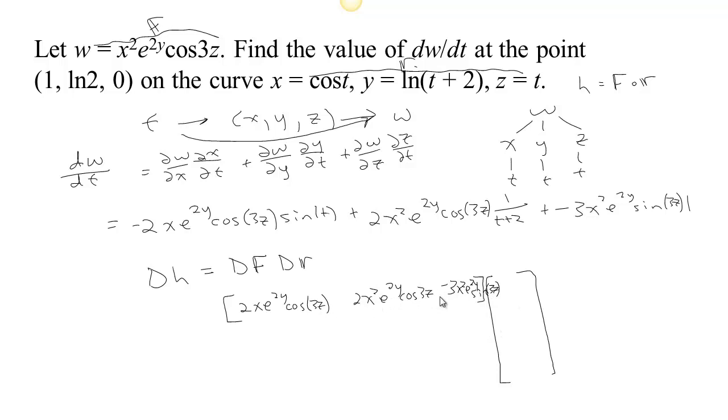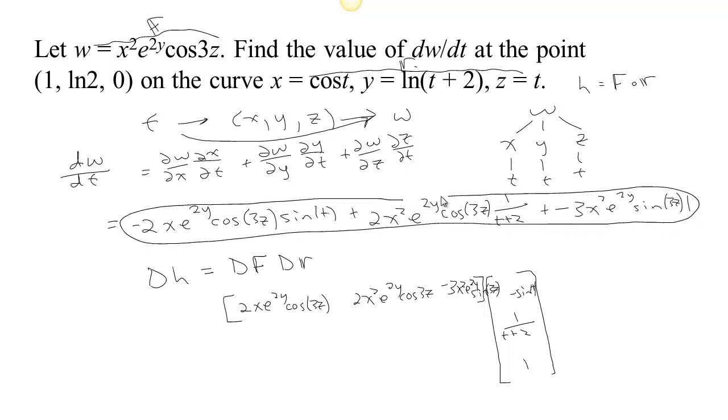Those are the three entries in the matrix total derivative for f. And then for the total derivative for r, the entries are minus sine t and 1 over t plus 2 and 1. If you multiply this 1 by 3 times a 3 by 1, you get this 1 by 1 matrix, which we've already found. So whether you think about it as taking the chain rule as multiplying two matrices, or you think about finding individual entries by computing this tree, you're going to get the same answer.